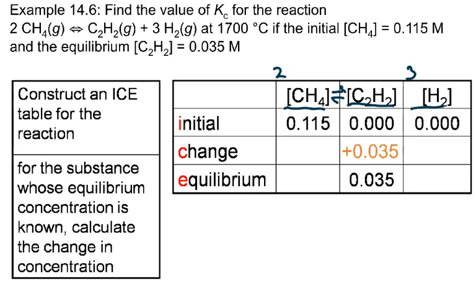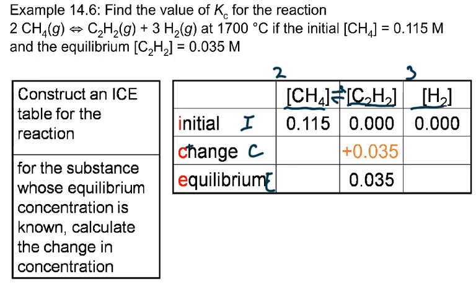And then on the side here, we have the ICE part of the ICE table. I stands for initial, C stands for change, and E stands for equilibrium. Again, when I'm writing it, I don't write out the whole words, I just write ICE, but that's what they stand for. Then we can write in our initial values.